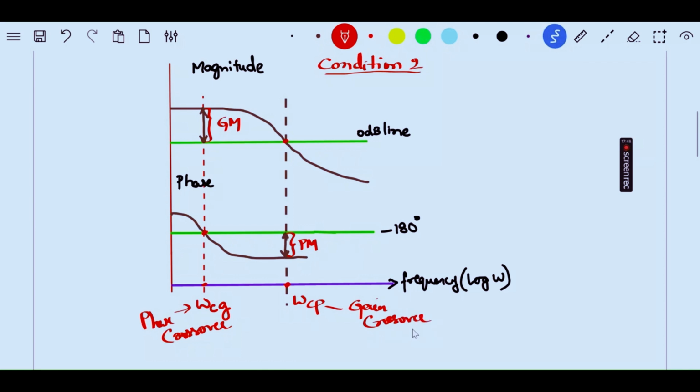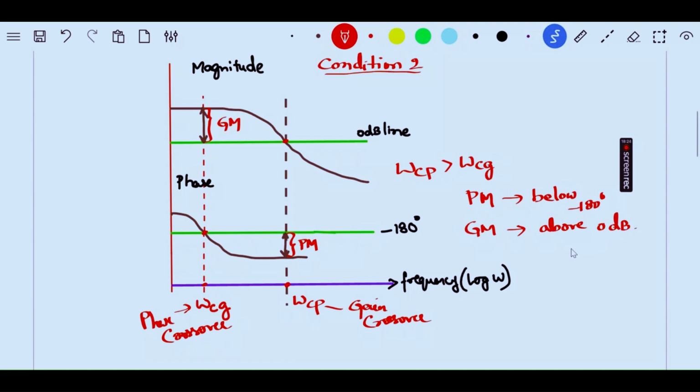Now, if you carefully observe here, earlier omega Cp was less than omega Cg, now omega Cp is greater than omega Cg. This is condition 2. Meanwhile, for this condition, the phase margin you got is below the minus 180 degree line, whereas the gain margin you got is above the 0 dB line.